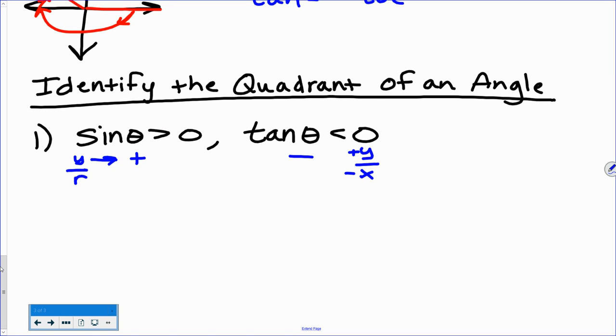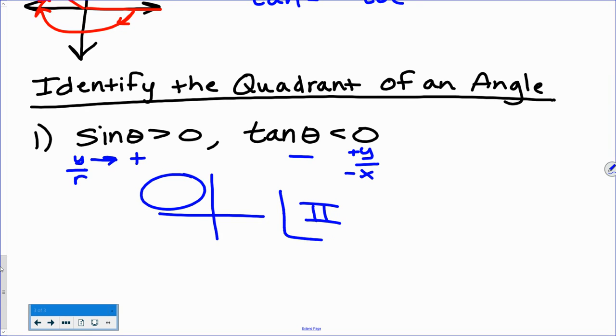So what quadrant would have a negative x value but a positive y value? Quadrant 2. There's not necessarily any work to show on something like that. I know I'm not really collecting your work, but just keep in mind there's a lot of things that's happening within your head or a visual.